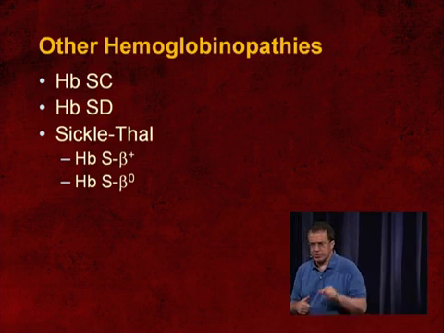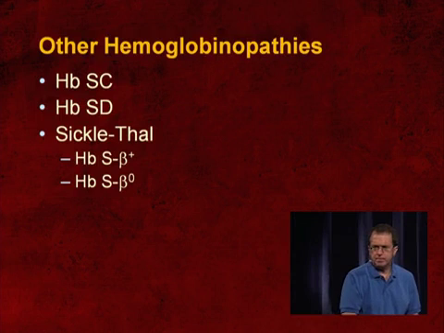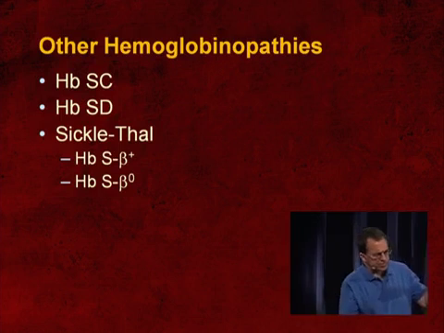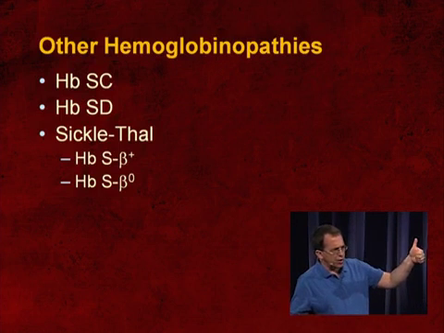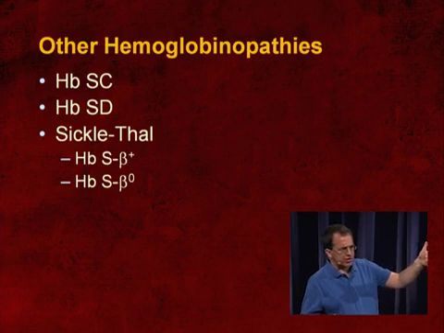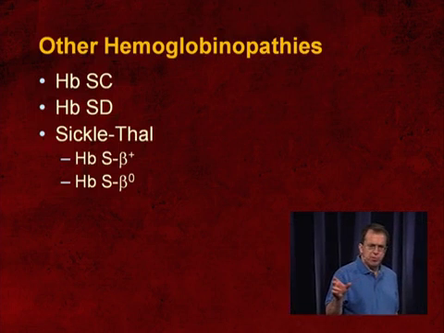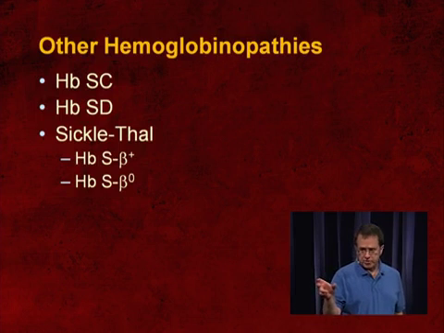Okay? Those last two down there, are we familiar with the terms S beta plus and S beta 0? Okay? S beta plus, okay, so what happens? So one of your beta globin genes, you have the S mutation that gives you hemoglobin S. On your other beta globin gene, you either have the thalassemia mutation where you're not producing any beta globin, or you're producing just a little beta globin.